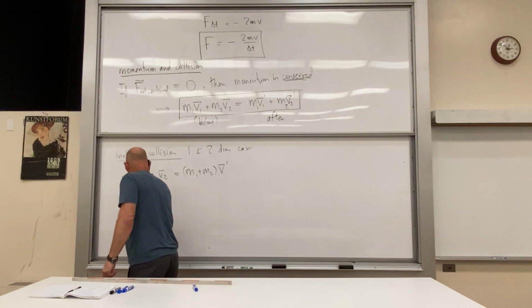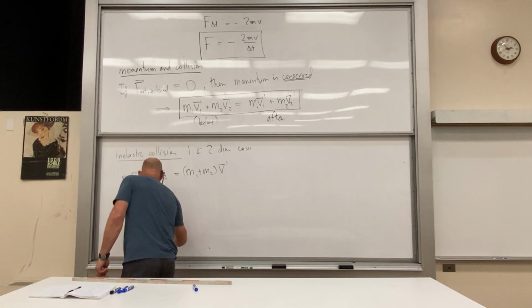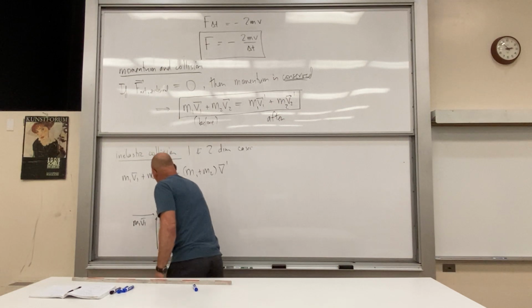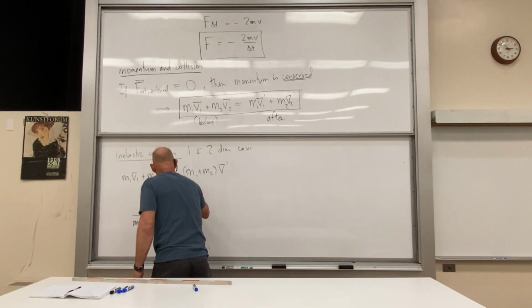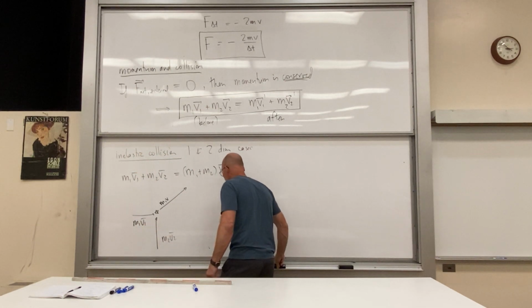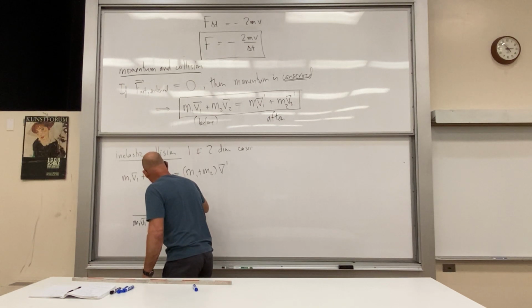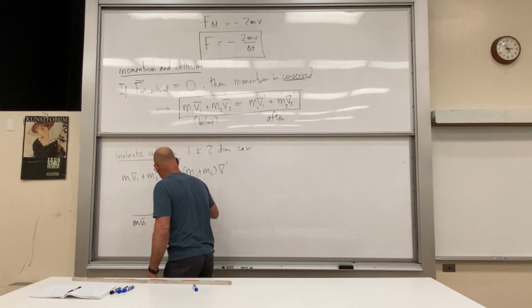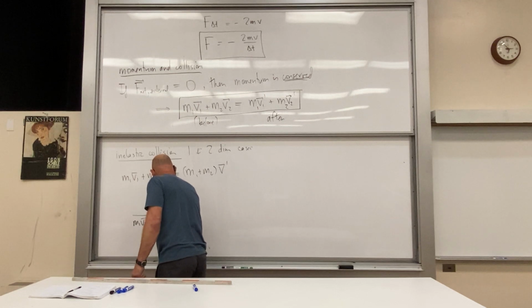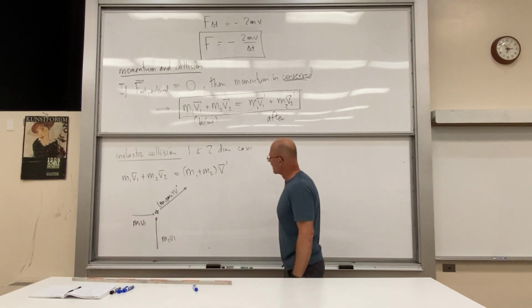So for our collisions at an intersection, for example, I had M1 V1, I had M2 V2. Things collide here. They go off in that direction. This is M1 plus M2 V prime.